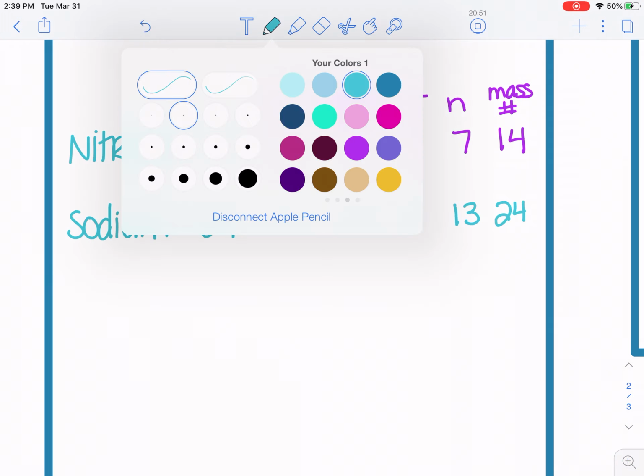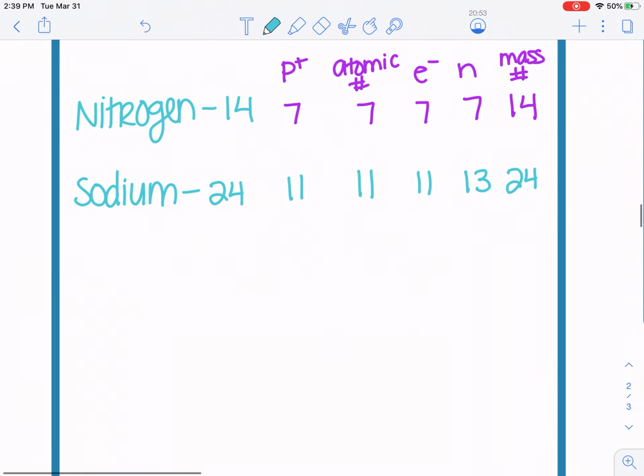One more example. This time we're going to make it a little more difficult. We are going to start with the atomic number. So let's do number 18 and a mass number of 40. We can first figure out protons and electrons because they are equal. So 18 and 18.